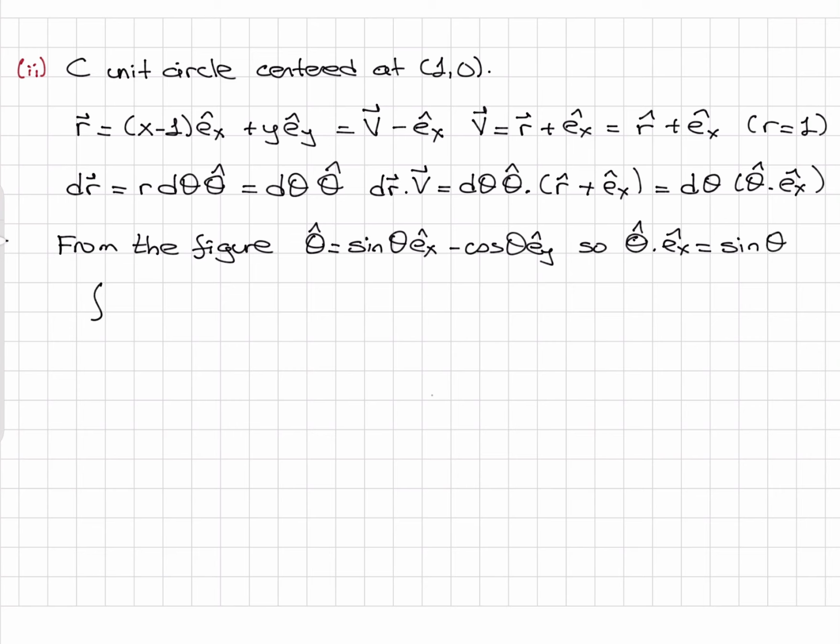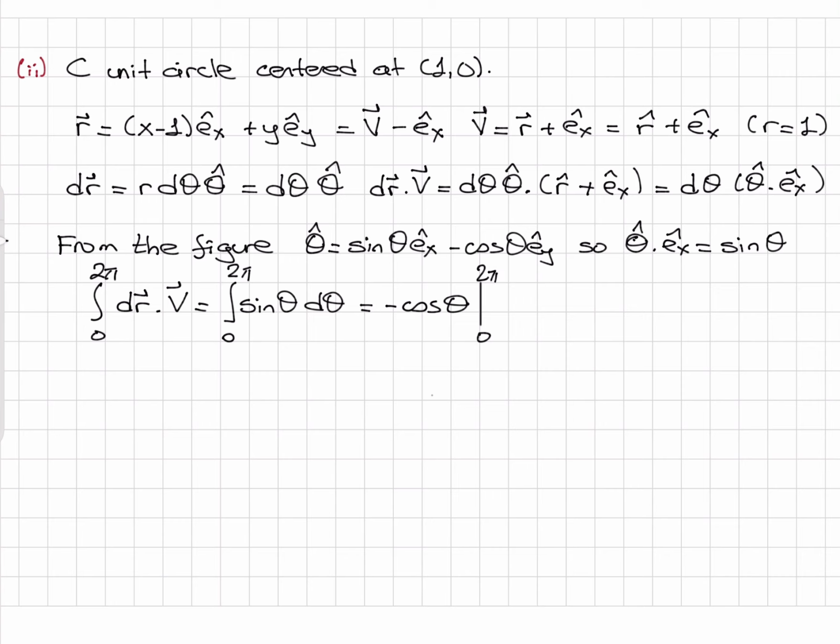Therefore, the closed path integral, where theta goes from 0 to 2 pi, of dr dot product with v is the integral from 0 to 2 pi of sine theta d theta. Now, the derivative of cosine is minus sine, so it's going to be minus cosine theta from 0 to 2 pi.